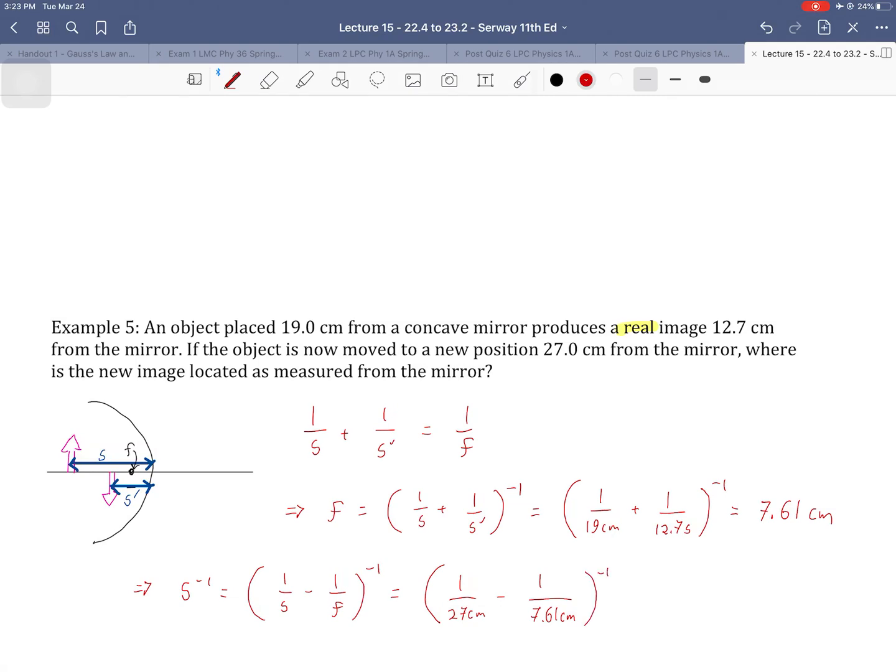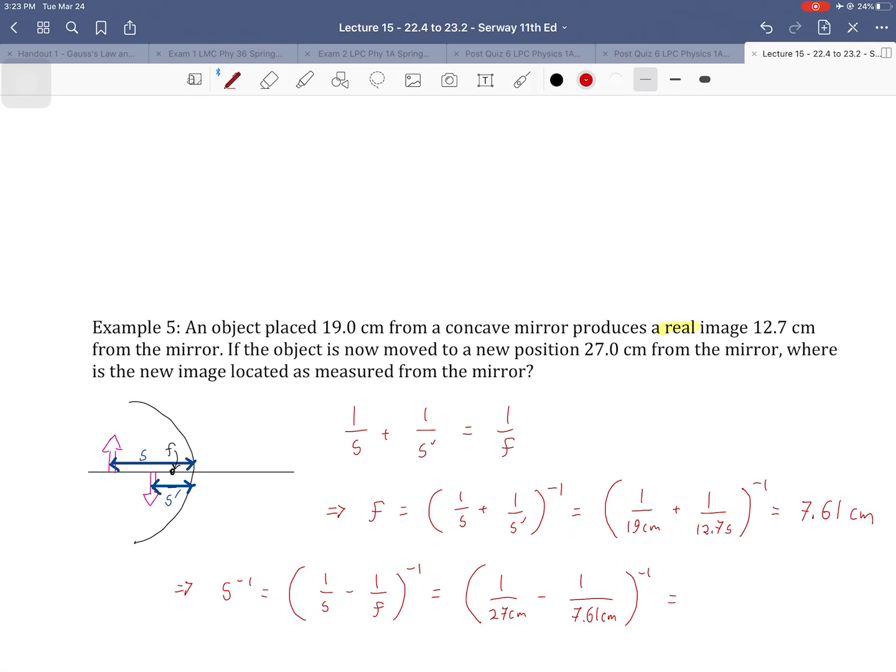That's the whole point of the first line of calculation. And then we'll find out where that new image is created. So 1 over 27 minus 1 divided by our result from the first line. All right, so we then get a value of negative 10.6.